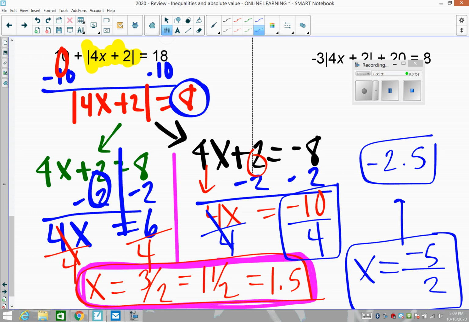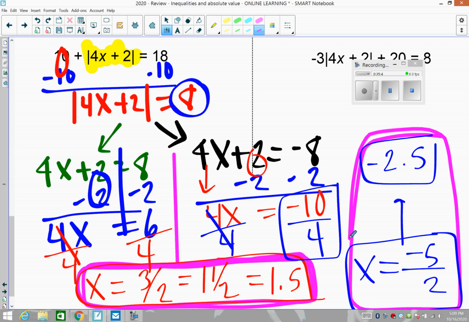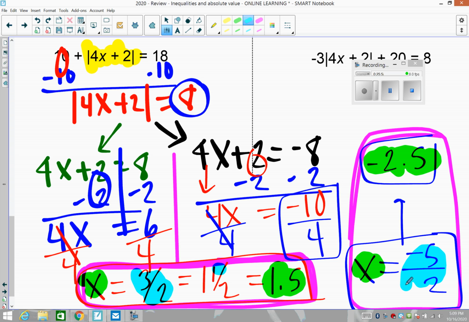So this would be my second solution. So 1 1/2 and negative 2 1/2 are the 2 solutions. Again, I'll highlight those. This is one solution. That's the other solution. And you can use them in other forms like fraction form also works. So my 2 solutions are either in green or in blue.